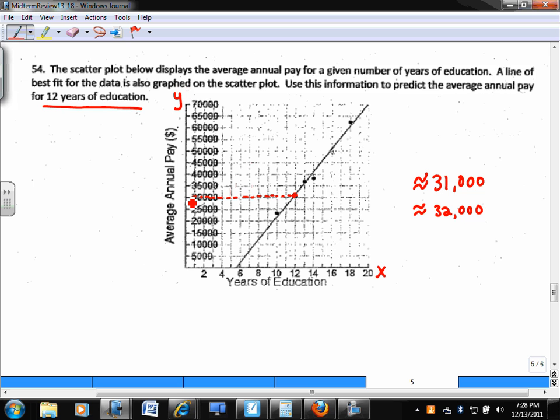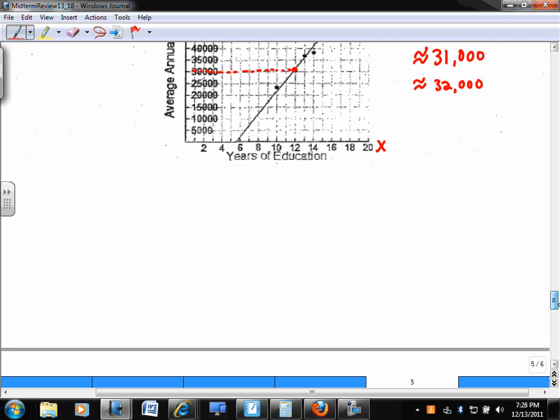It's not the best graph, so these would be acceptable answers. Now, if you had a multiple choice, you wouldn't have both of these, so you would pick the one that was there.